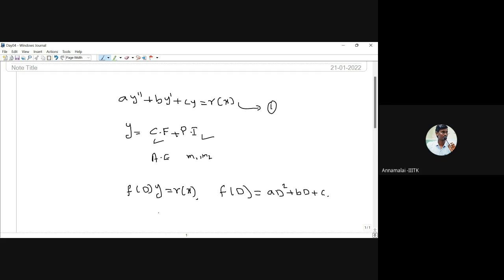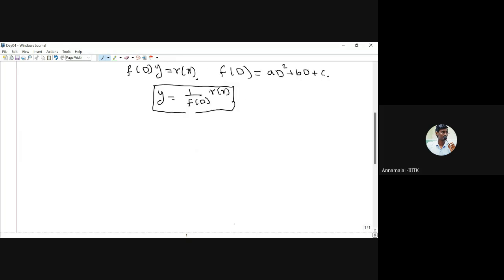Now, what is the solution? y equal to 1 by f of D into r of x. So this is the solution actually, but we have to find it exactly in terms of x.